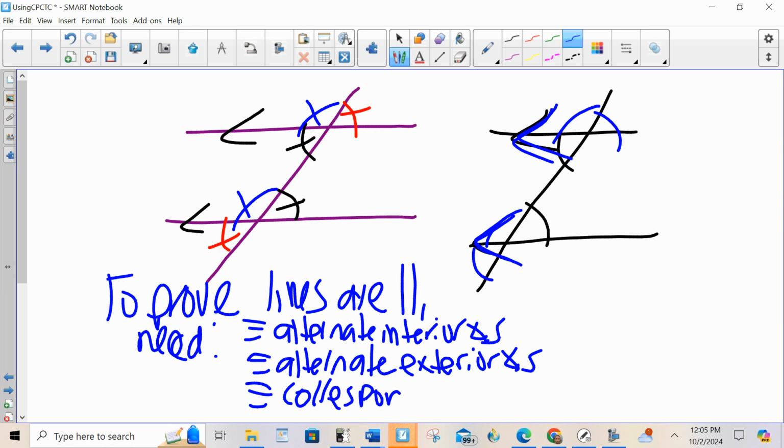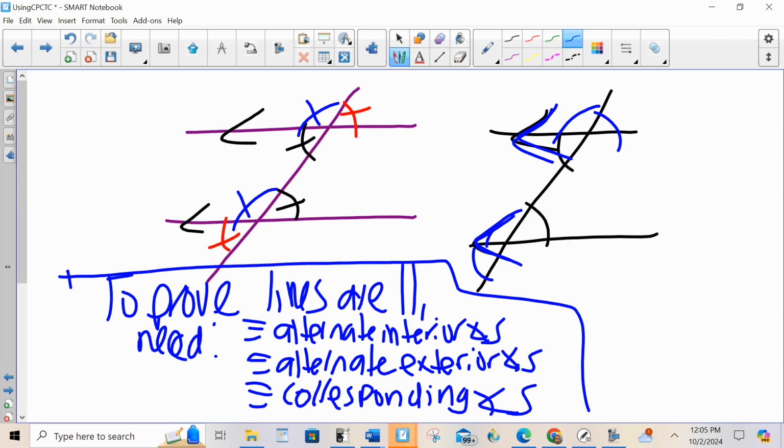And this concept right here is very, very important, because when we do the very commonly asked 6-point questions, they often utilize this concept. We're going to need to prove lines are parallel. To prove lines are parallel, I need either congruent alternate interior, congruent alternate exterior, or congruent corresponding angles.